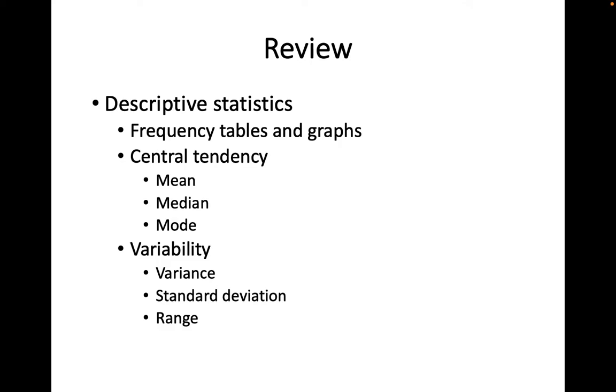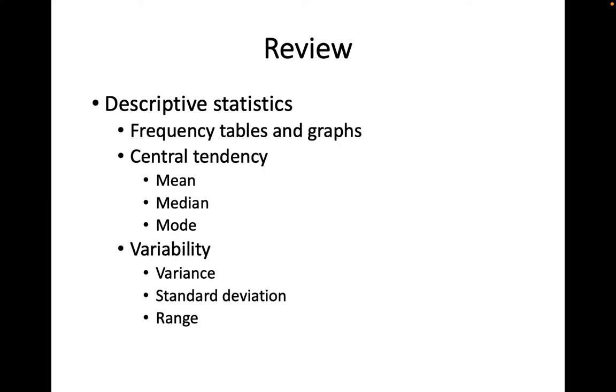In particular, the standard deviation is most commonly used and gives us a sense of how much scores differ from the mean on average. Together, the mean and the standard deviation are the 2 most commonly used and important descriptive statistics that are used in psychological research.